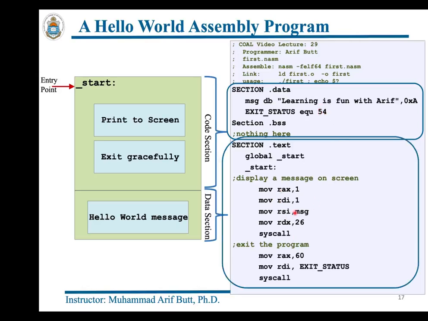Over here in the code section, these five lines of code are used to display the message on standard output, and these three lines of code terminate the program with an exit value of 54. My dear students, for the time being, just ignore the details of the instructions used in this program and just concentrate as to how we can assemble, link, load and execute this program on our computer.